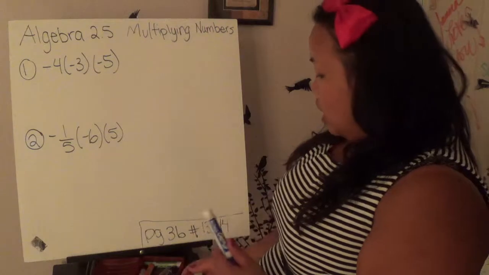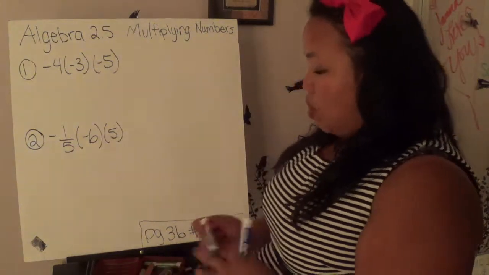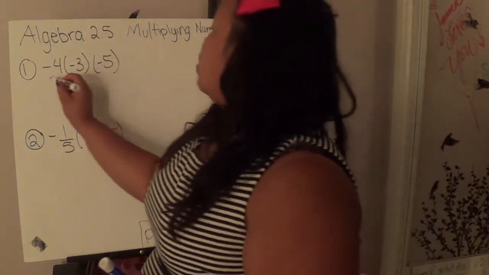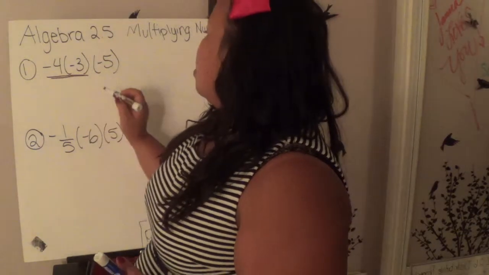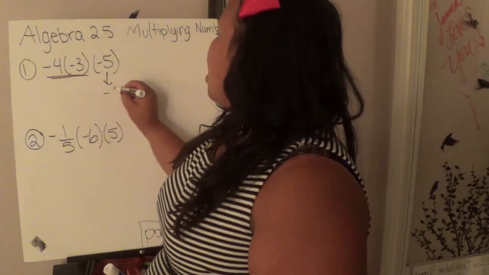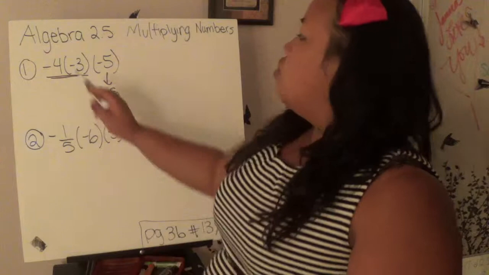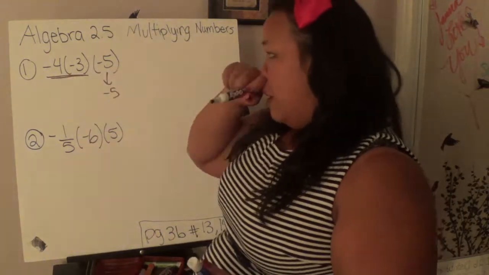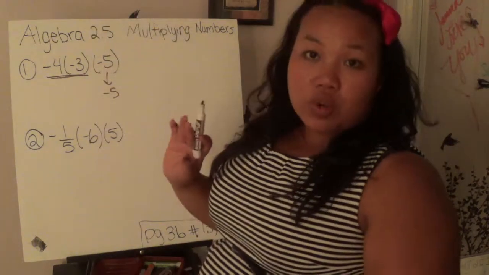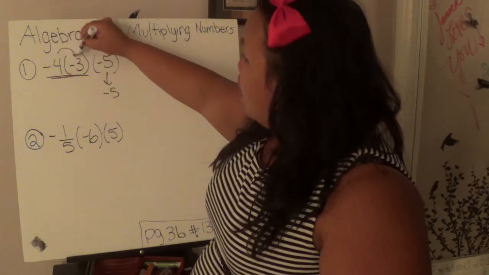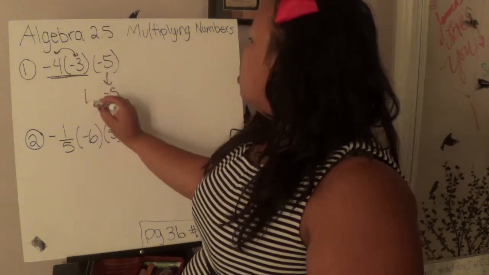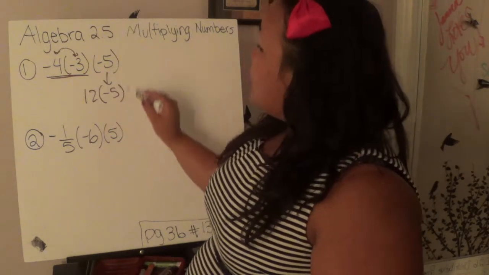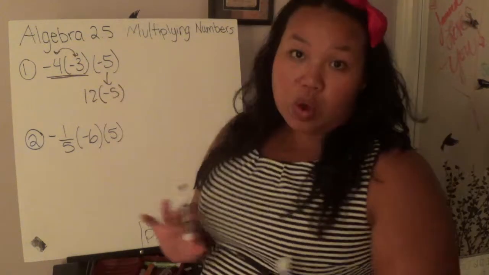So in this case, we're going to go ahead and multiply, and we're going to take it one step at a time. So let's start with these two, and I'm going to bring this down, -5. Alright? So -4 times -3. Let's ignore the signs real quick and just multiply the two numbers. 4 and 3 give us 12. Now I'm going to bring the parentheses down because if I don't, then it just looks like 12 minus 5.